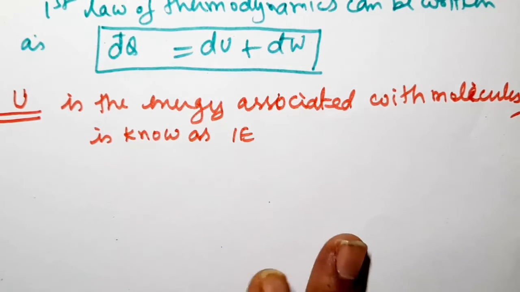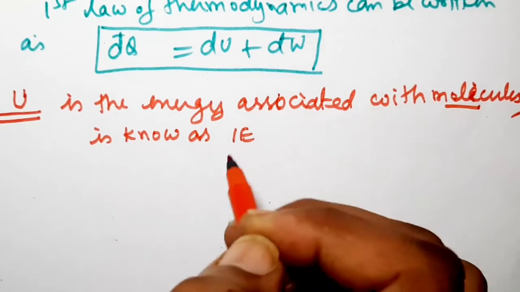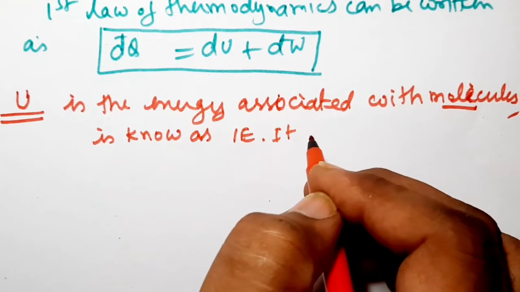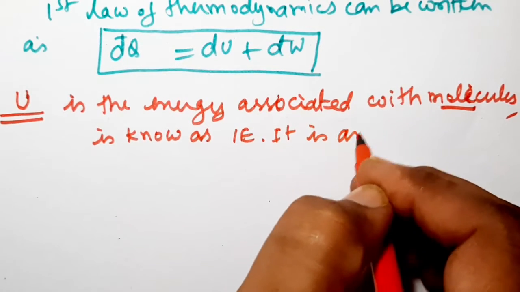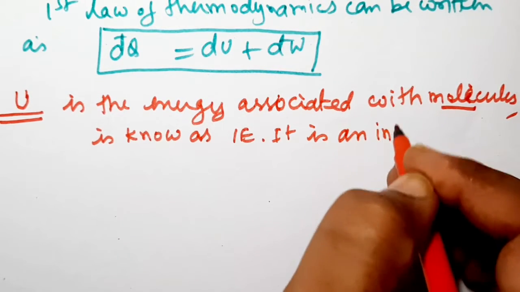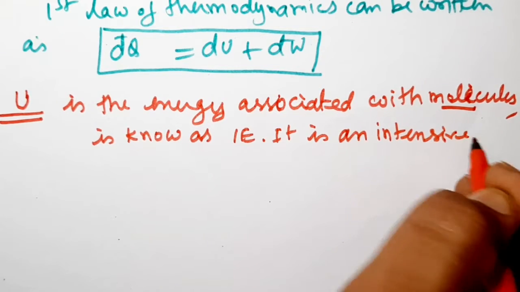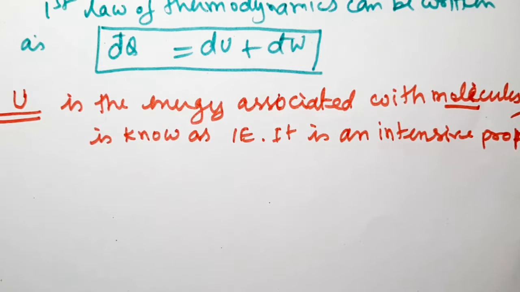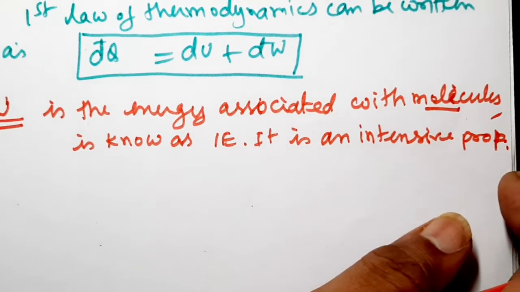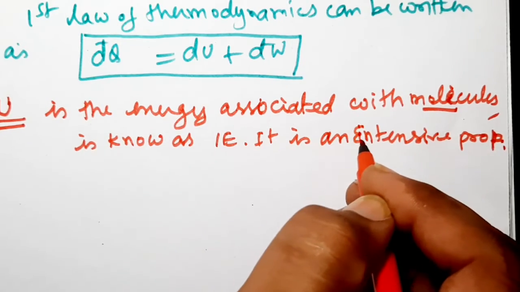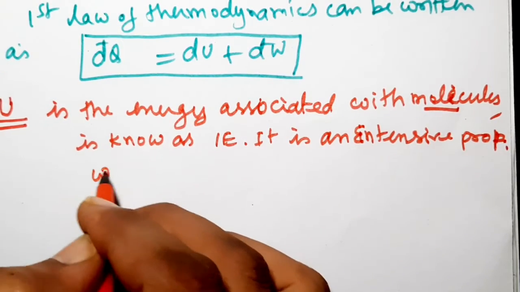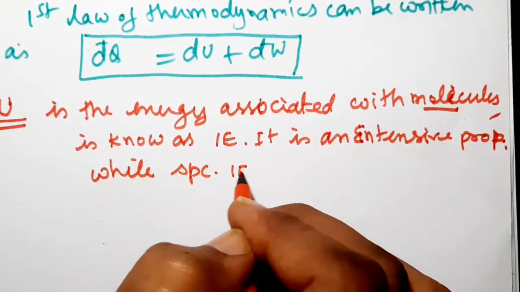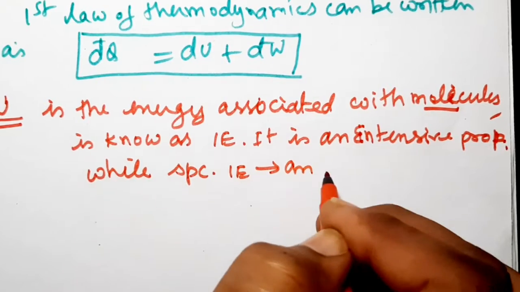So the energy associated with the molecules is called internal energy, and it is an extensive property, while specific internal energy is an intensive property.